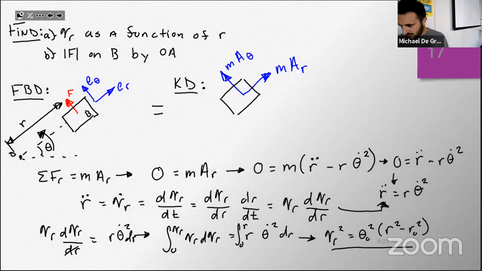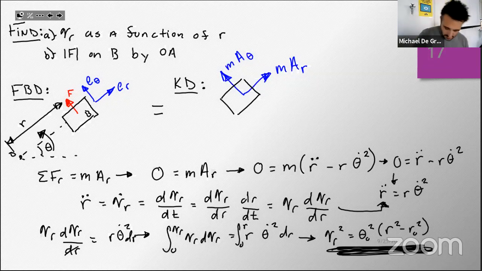So hey, look, it's part A. Ish. I've got an expression for v_r as a function of r. I did it. Yay.